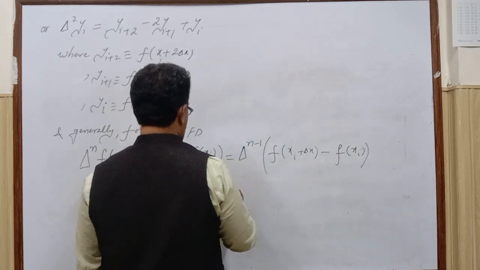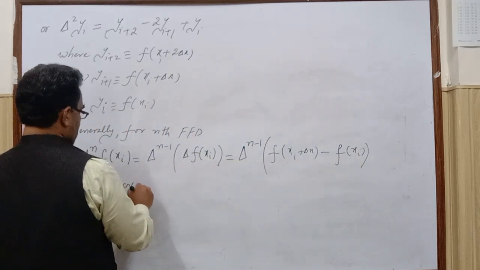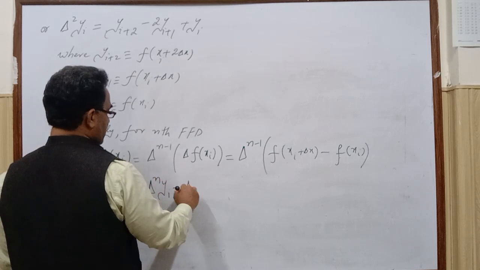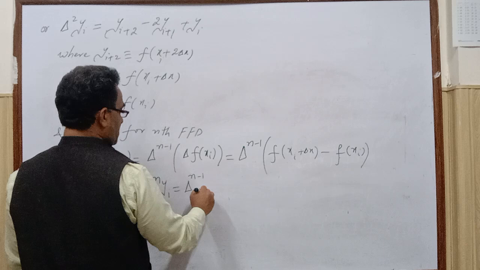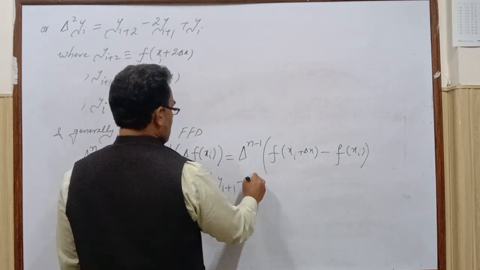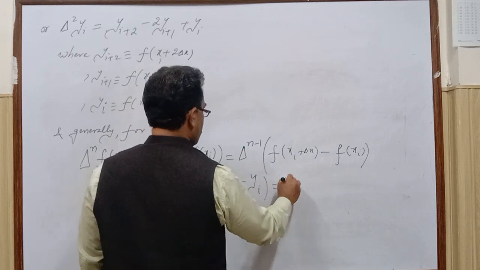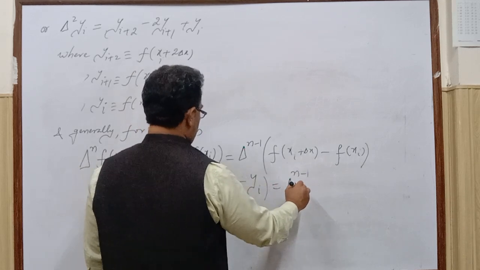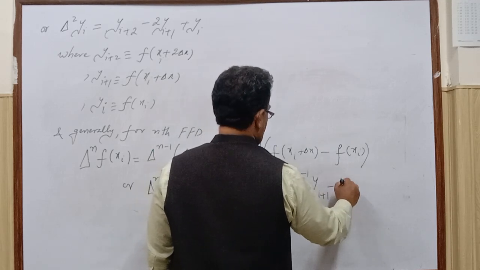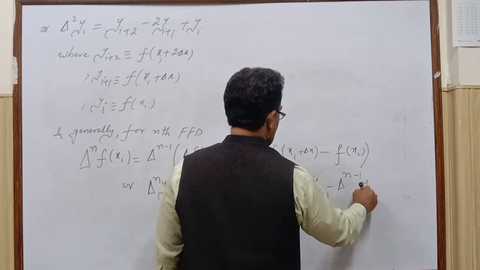Or in terms of y, delta n yi can be written as delta n minus 1 of yi plus 1 minus yi. This can be written as delta n minus 1 yi plus 1 minus delta n minus 1 yi.